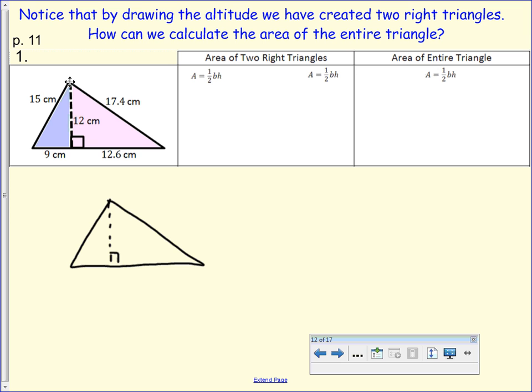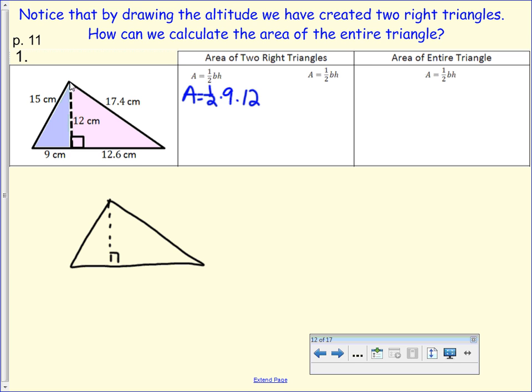So the first step is always to write the formula. Let's do the blue one first since it's on the left. So area equals 1/2. What is the base of my blue triangle? Times 9. And what is the height? Be careful. Remember that the height has to touch the base at a right angle. 12 centimeters. Beautiful. Excellent.